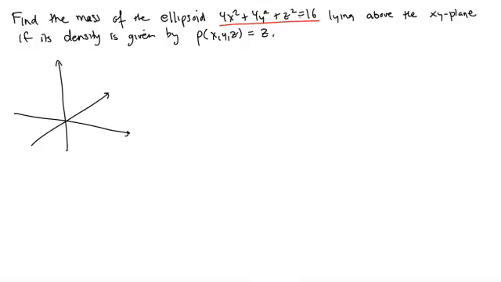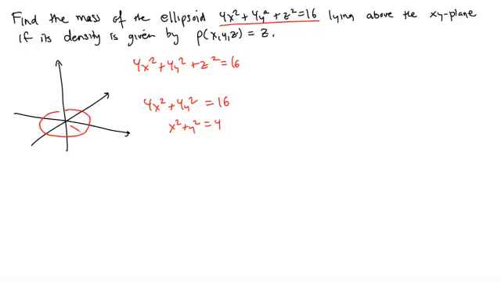If I look at some traces, like say for example the z equals 0 trace of 4x squared plus 4y squared plus z squared equals 16, the z equals 0 trace would be 4x squared plus 4y squared equals 16, or x squared plus y squared equals 4, which means the z equals 0 trace is simply a circle of radius 2.